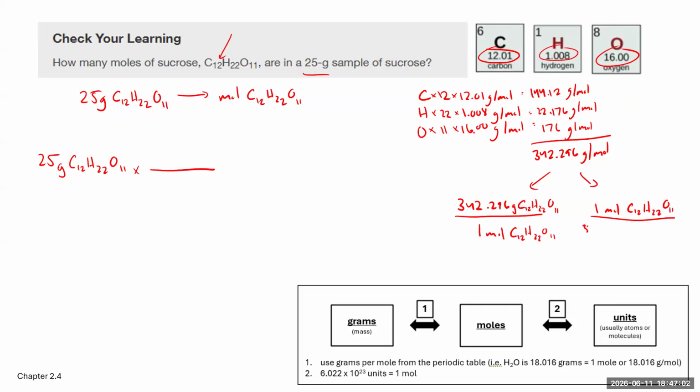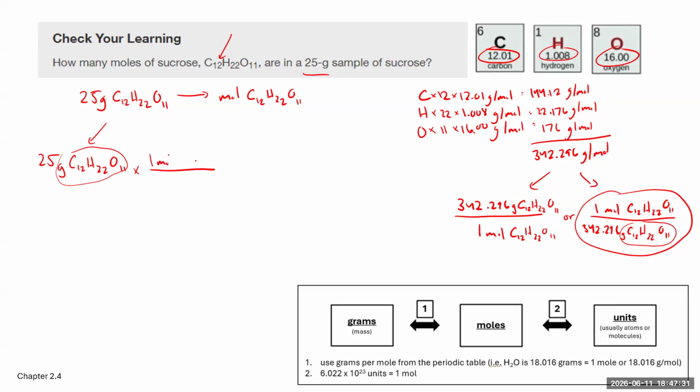C12H22O11, and this is 342.296 grams C12H22O11. Well, look up here. This is grams of C12H22O11, otherwise known as sucrose. So here we see it on the bottom. That's what we need, so we're going to use this one.